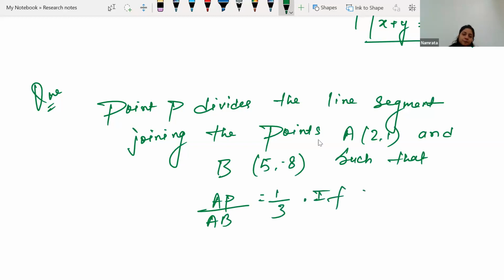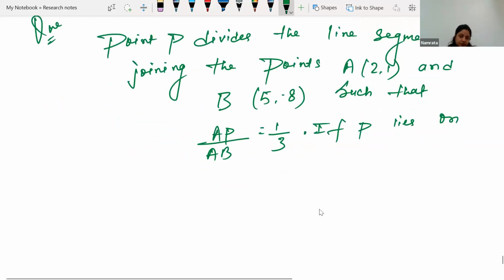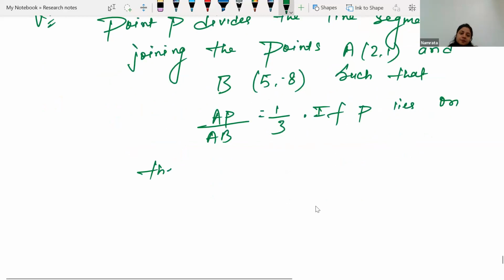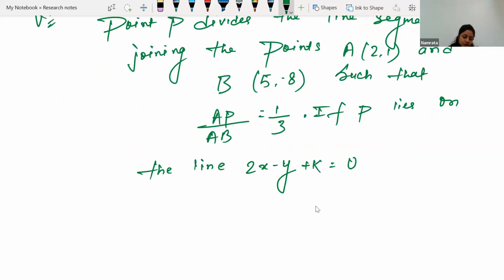If P lies on the line 2x minus y plus k is equal to 0, find the value of k.